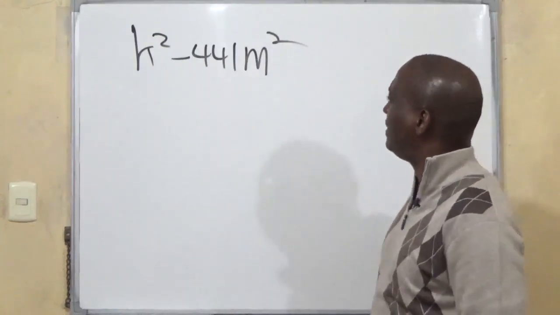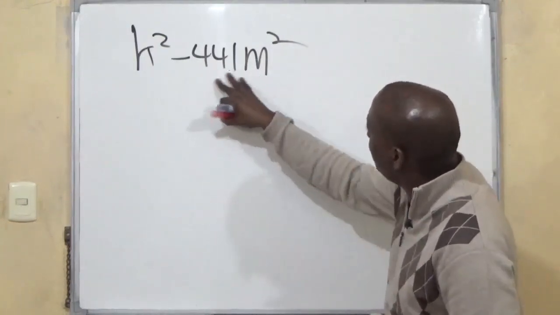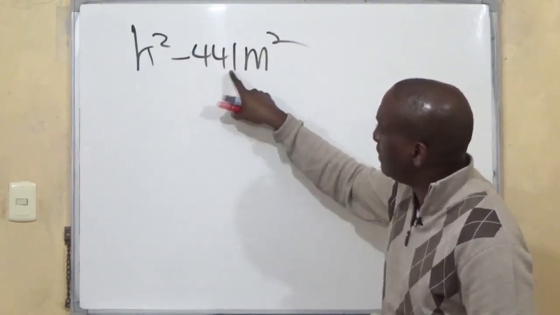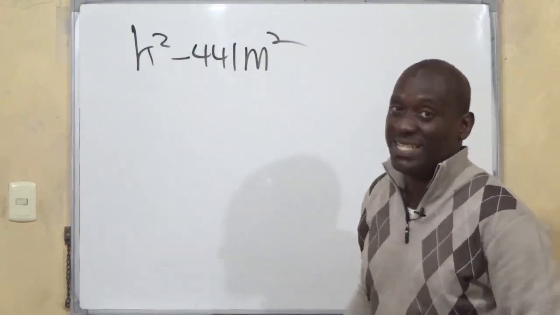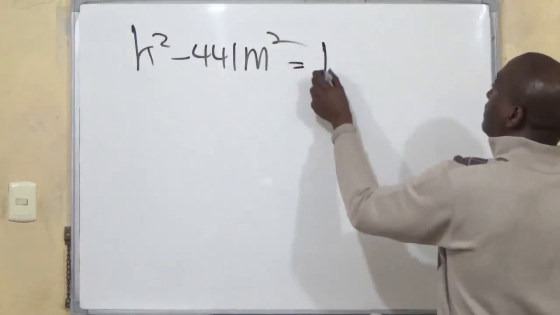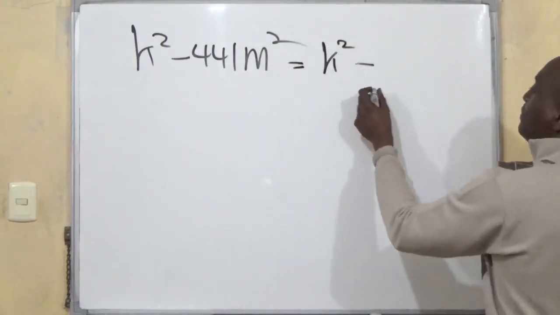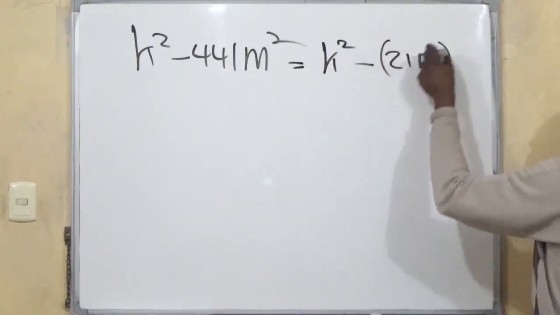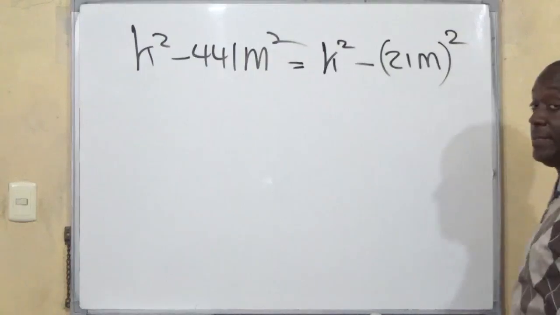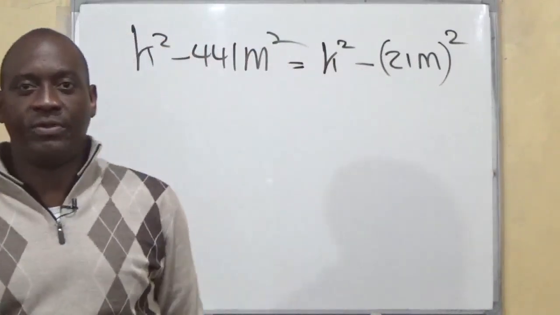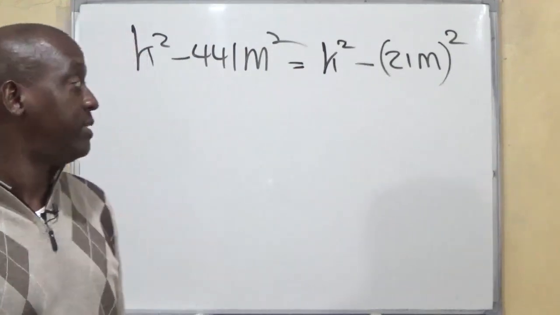Then nine times out of ten, you could tell yourself, well, yeah, maybe there's a perfect square in there somewhere. But again, you have to recognize that 441 is the square of 21. So you can write this over as k squared minus, watch it now, 21m in brackets squared. See? So you have to be sure-footed where your indices are concerned.